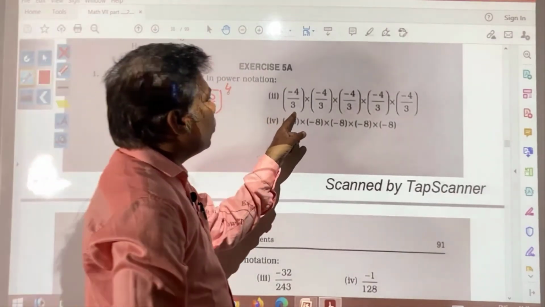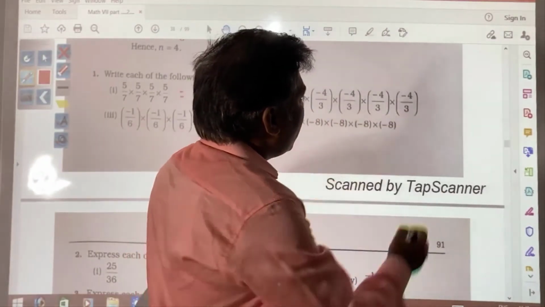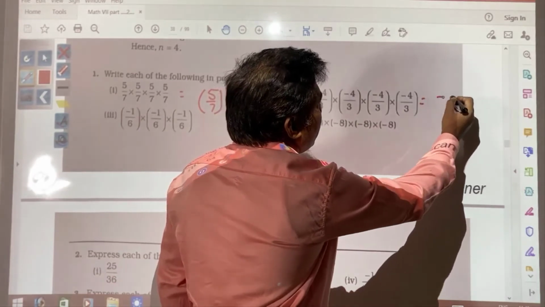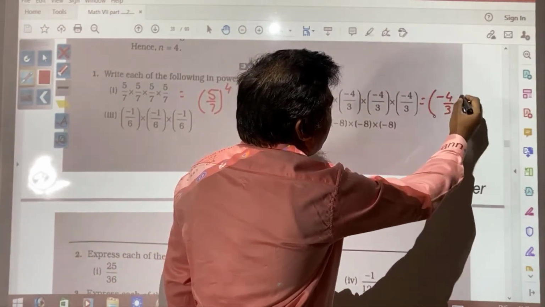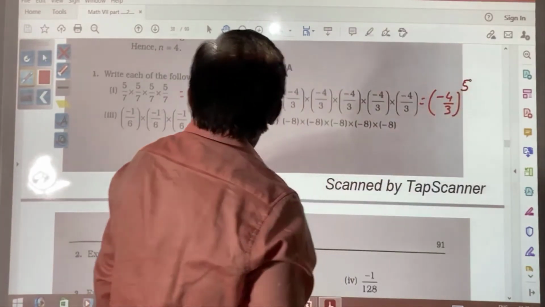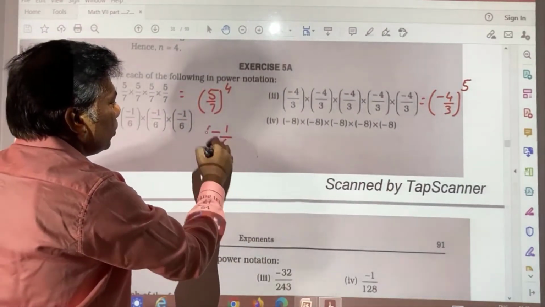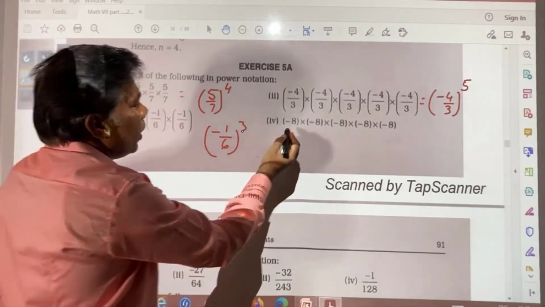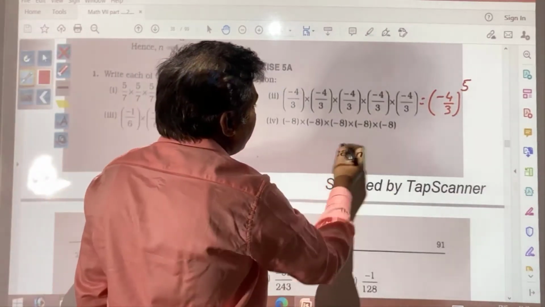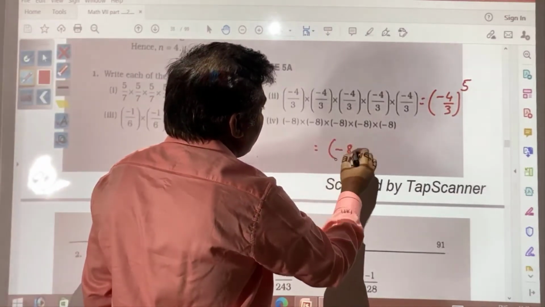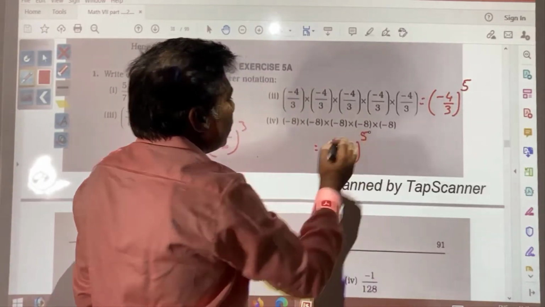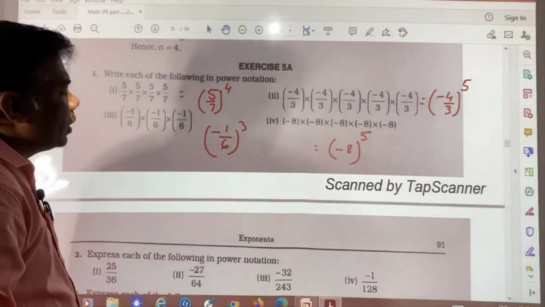In the same way, 1, 2, 3, 4, 5 times, so this will be 4 by 3 to the power 5. Here you have 1, 2, 3 times, so minus 1 by 6 to the power 3. And here you have 1, 2, 3, 4, 5, so minus 8 to the power 5. So in this way, we write in power notation.